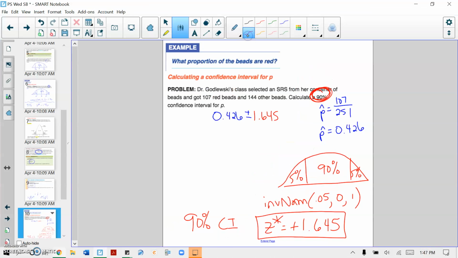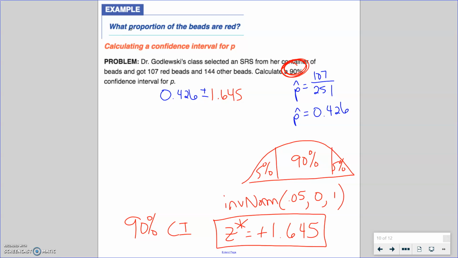Now I need my standard deviation. The standard deviation of p hat is the square root of p hat times 1 minus p hat, all over n, which in this case n was 251. So I'm going to type that up in my calculator real quick. You might even hear tap, tap, tap while I'm doing all this.